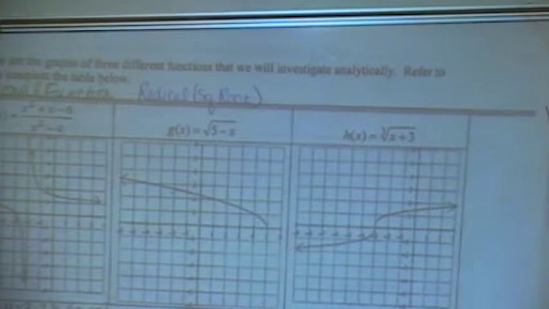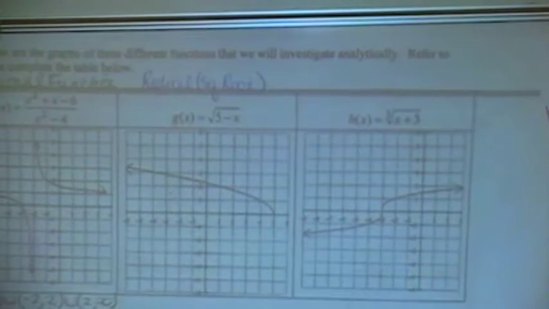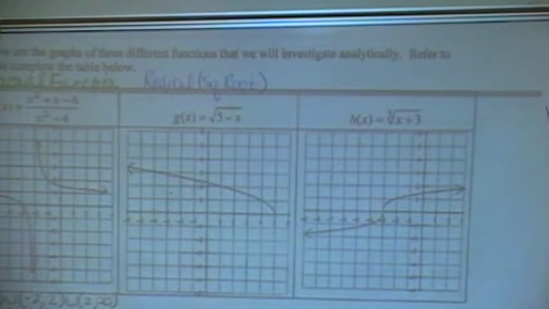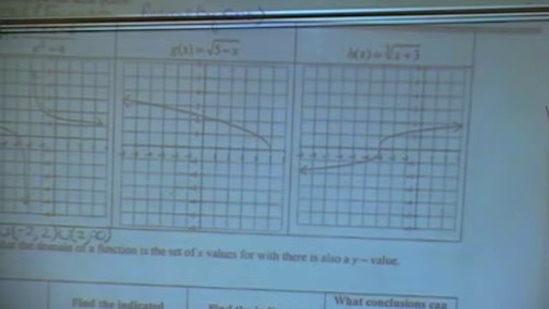G of -4 should give me 3. So I'm going to try it analytically just to make sure. It does.